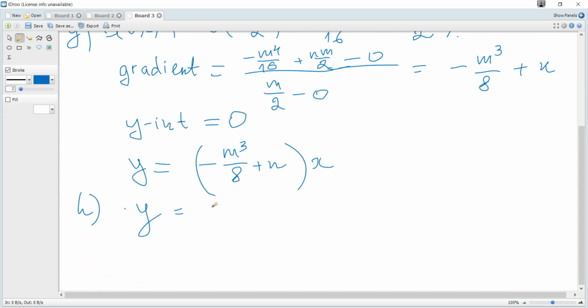x to the power of 4 minus mx cubed plus nx, and it becomes simultaneous equations.